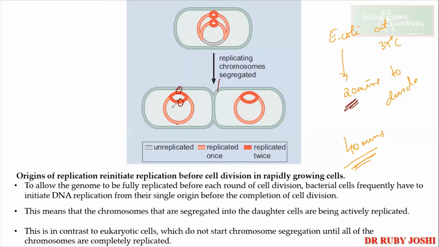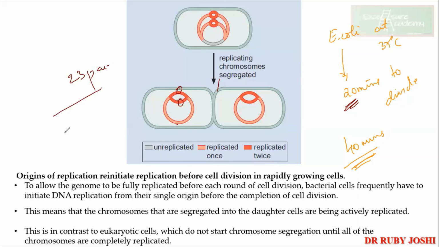But this is not true in the case of eukaryotes. In eukaryotes, until everything is completed, it will not undergo M phase or mitosis. It is not that it divides halfway, because in the case of eukaryotes we don't have circular DNA, right? We have got 23 pairs.